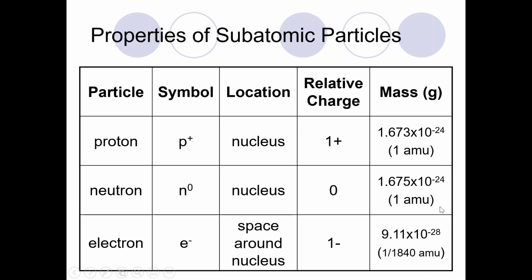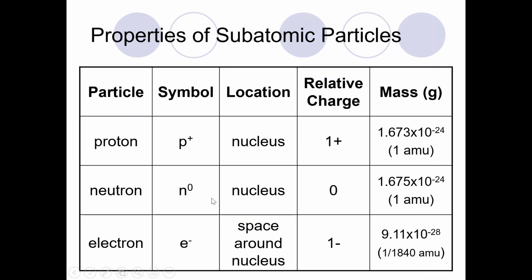We say that a neutron is also 1 AMU, even though you can clearly see they're actually off by a little bit. They don't have the exact same mass. And what I want you guys to notice is that electrons are almost 2,000 times smaller than protons and neutrons. If we look at the relative mass of the electron, it's 1 over 1,840. It's a very, very tiny fraction of the size of the protons and the neutrons.